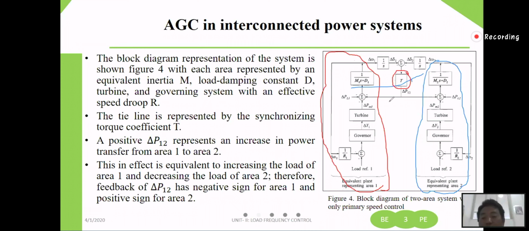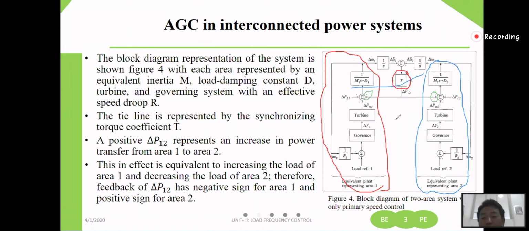So that's why you will see that the feedback at area 1 is negative, and the feedback at area 2 is positive.